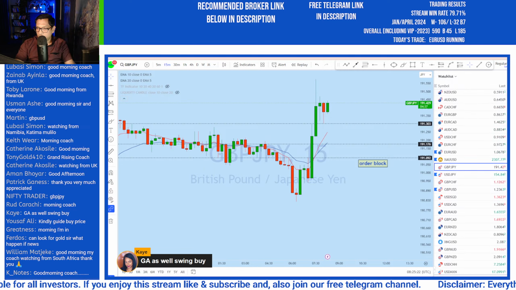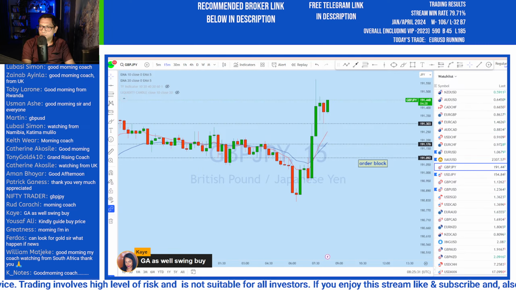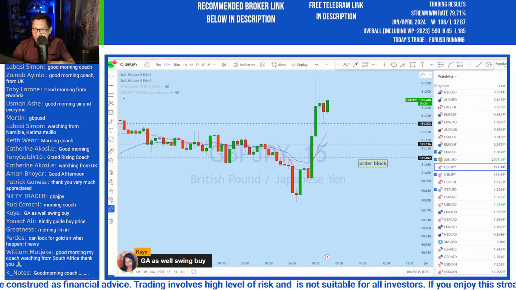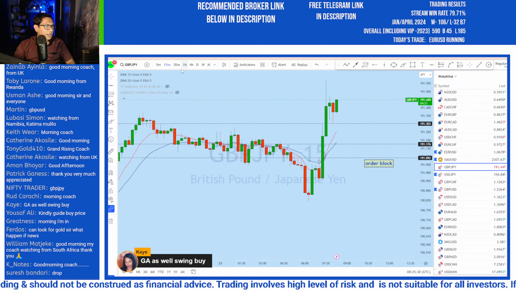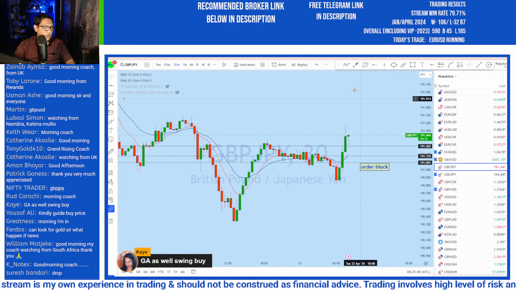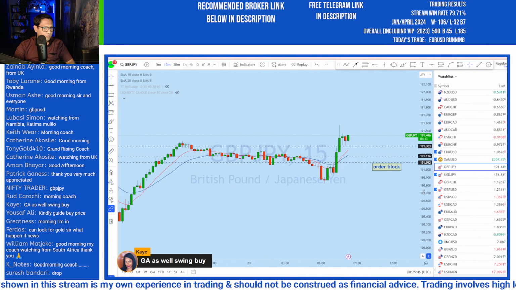So let me see what the community is thinking. Do you think that GJ will bounce? We see it already bounced. I've posted the poll. Let's see what everyone is thinking. Here is GJ. We can see the market is retesting, trying to fill that long wick at the top.